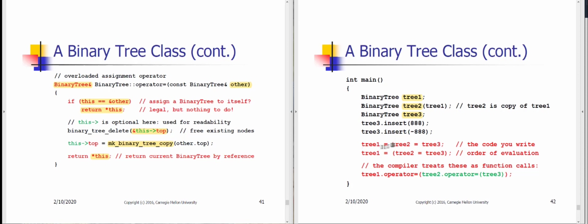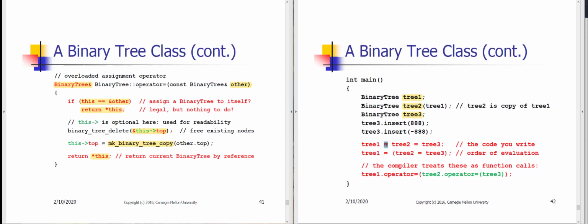We're saying tree 1 gets tree 2 gets tree 3. This is evaluated from right to left, so if we explicitly put in the implied parentheses, what's going to happen here is that L tree 2 gets L tree 3 first, and then the result of that, which is L tree 2, is assigned to L tree 1.